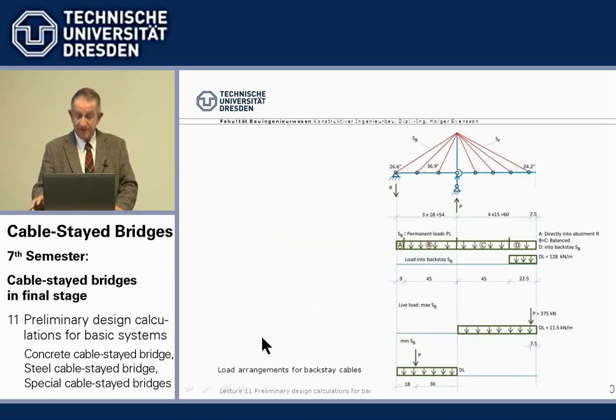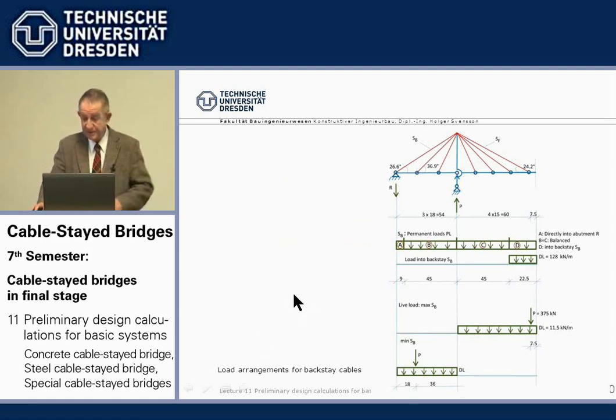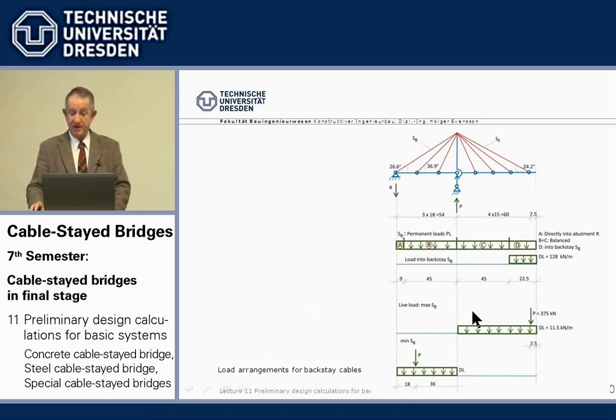Now, we calculate the stay cables, and there again we have to consider, first of all, the backstay cables. The deformation and basically the behavior of a cable-stayed bridge is governed by the backstay cables, because the backstay cables keep the tower head in place, retain the tower head, to which all other cables run.